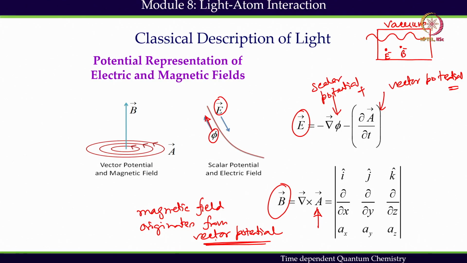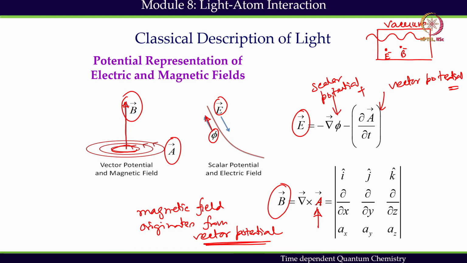Vector potential A is rotating in nature, this way. So this rotating potential field is giving birth to the vector field, the magnetic field, which is in a perpendicular direction because it should follow the right hand rule.